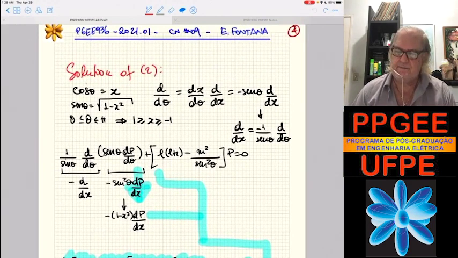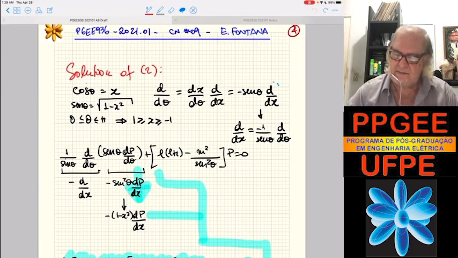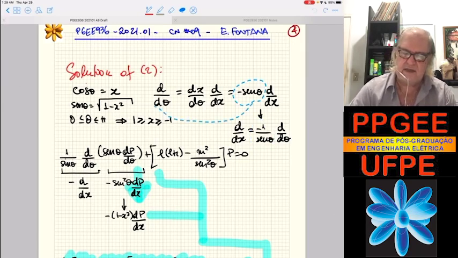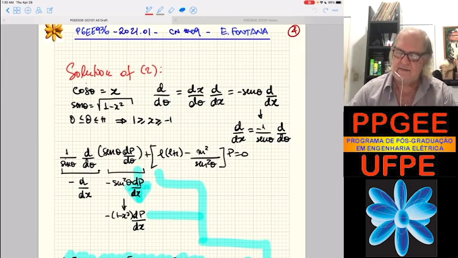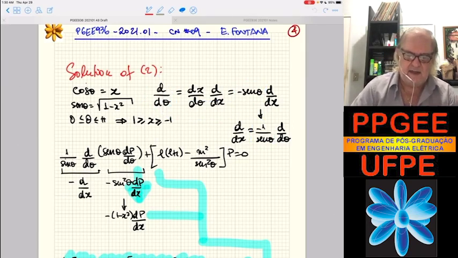So you see that we can also play around with this. The operator d/dx can be written as minus 1 over sine theta d/d theta. So when we see in the differential equation 1 over sine theta d/d theta, we just put minus d/dx.